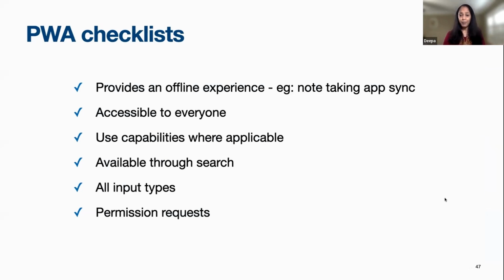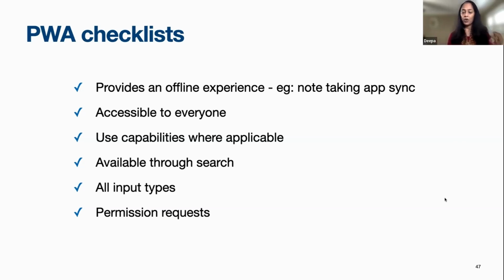And when we talk about input types, like I said, progressive web apps are not only for mobile, you can also create standalone applications too. But that said, when we use it, it should support all the input types. For example, mouse, keyboard, and if you're using an iPad, it should support Apple Pencil, right? And on your mobile device, of course, touch.